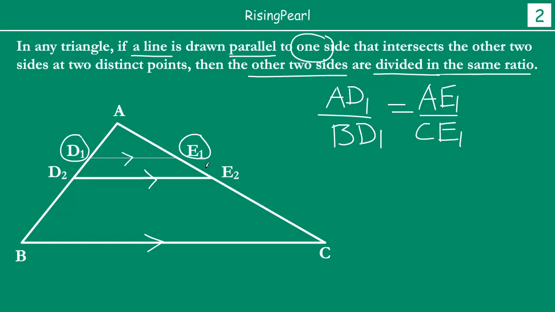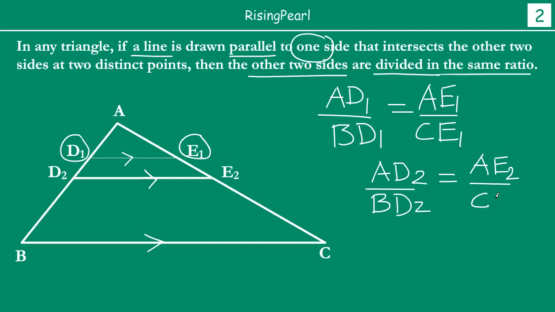In that case, that is in the second case, AD2 divided by BD2 will be equal to AE2 divided by CE2.